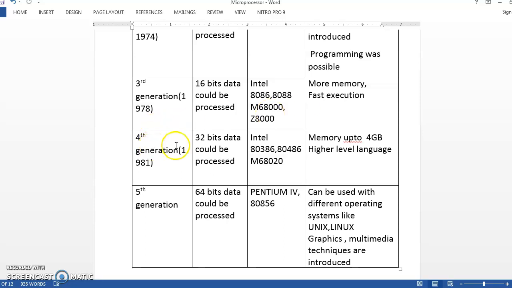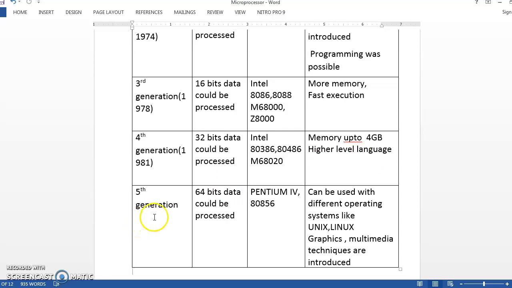The fourth generation microprocessors could process 32-bit data. Examples are 386, 486, 80386, 80486, and Motorola 68020, and so on. They could access memory up to 4 GB, and higher level languages were introduced.